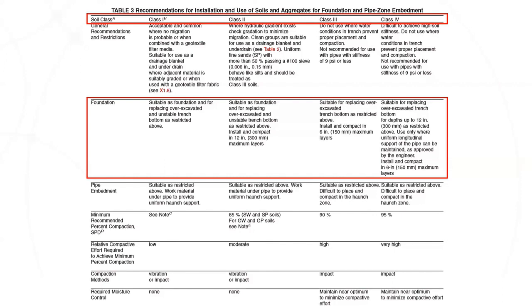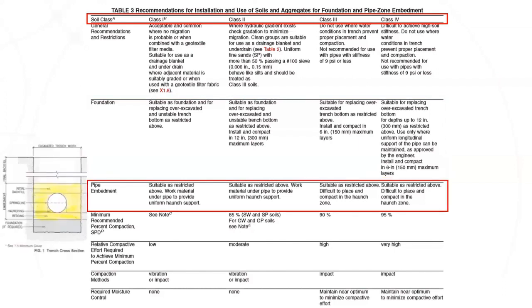Class 3 is also suitable for replacing over-excavated trench bottom as restricted above; install and compact in 6-inch lifts. And then class 4, suitable for replacing over-excavated trench bottom for depths up to 12 inches as restricted above. Use only where uniform longitudinal support of the pipe can be maintained as approved by the project engineer, and compact in 6-inch lifts.